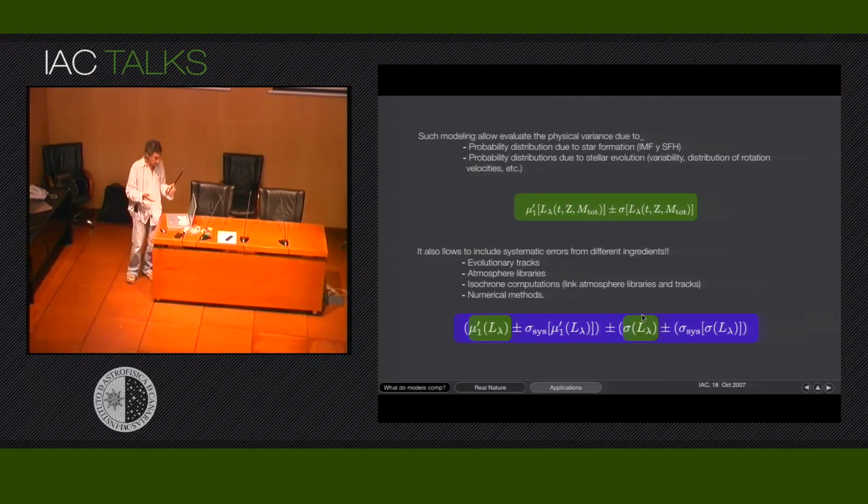I'm sure that if one takes into account all these things, most of the modeling, Bruzual and Charlot, Claus Leitherer, Alex, whatever, obtain a very similar result, because at the end the physics is the same, so it doesn't matter which model you use.